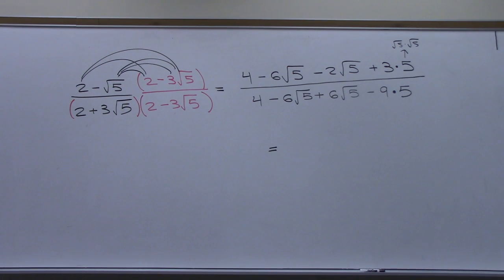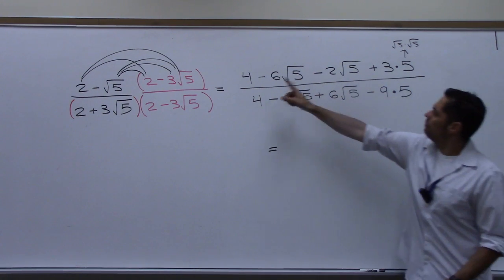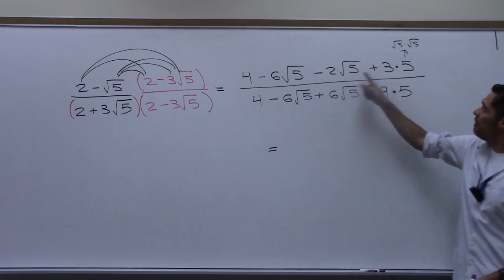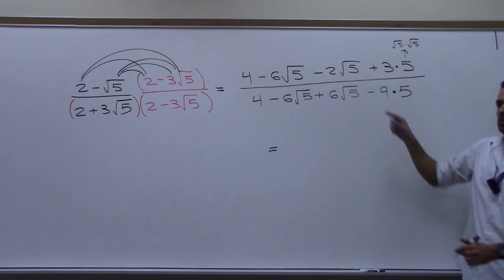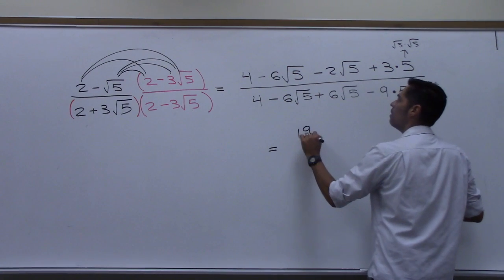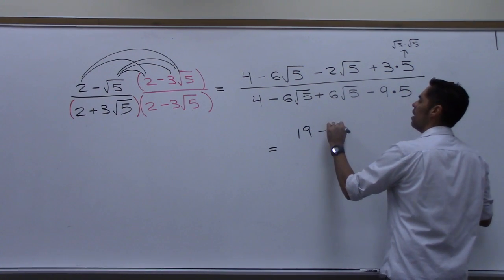So in terms of a number, what number do we have on top? 4 minus 8 root 5, and then plus 15, right? How about we put the 15 and 4 together? So 19 minus 8 root 5.